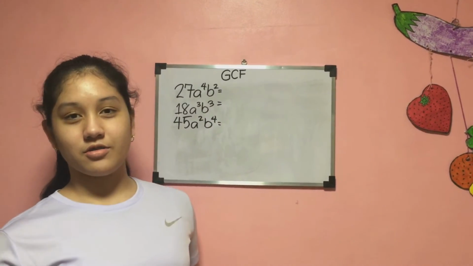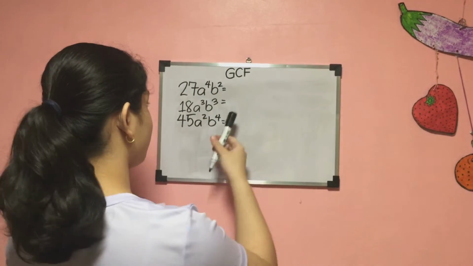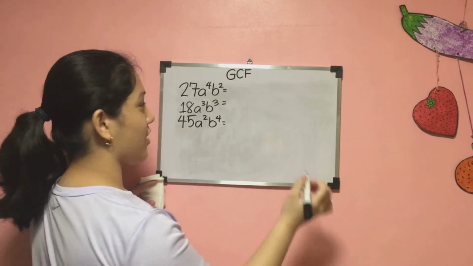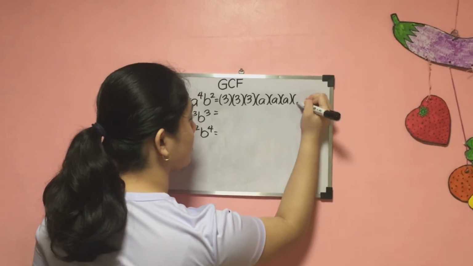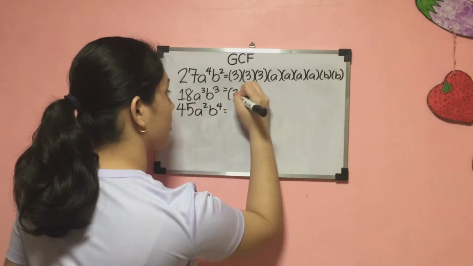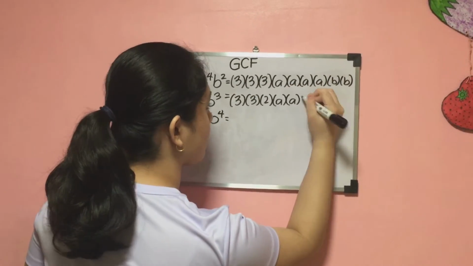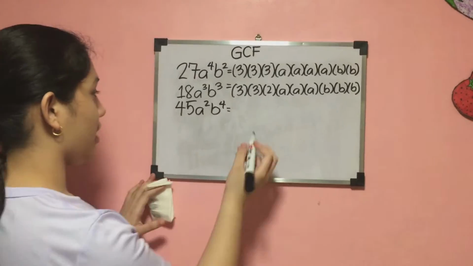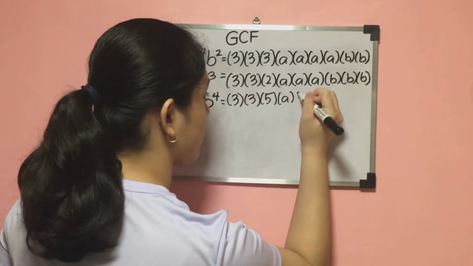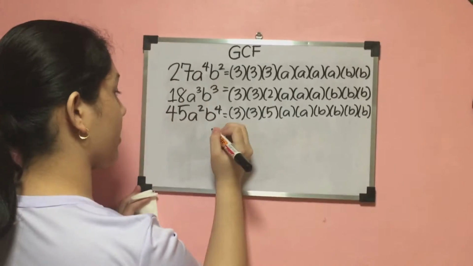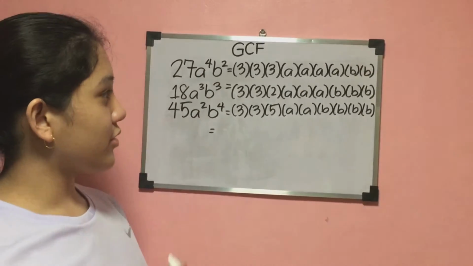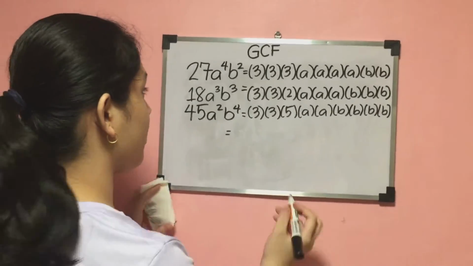so what we're going to do is we're going to list their prime factors. And B. Now we're going to get their common factors.